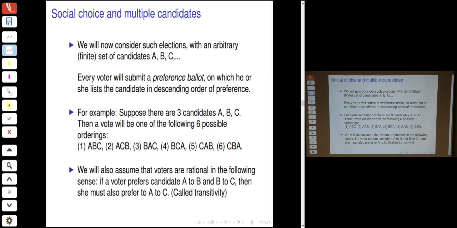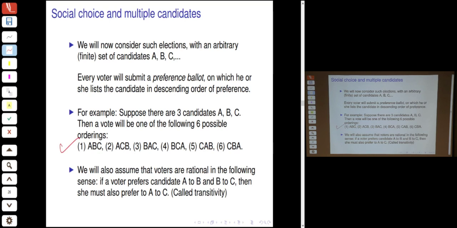So for example, suppose there are three candidates A, B, and C, then a vote will be one of the 6 possible orderings. Remember that if there are 3 symbols A, B, and C, you can have 3 factorial or 6 orderings between them. So there are 6 possible preference lists which you can draw up between the 3 candidates A, B, and C, which are listed here.